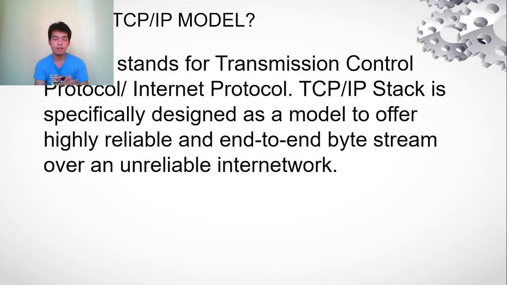It transmits data and internet over far distances, because internet and data are the most important things that the TCP and IP model needs. It is an end-to-end byte stream over an unreliable internet network, so it means a network and, of course, an internet.